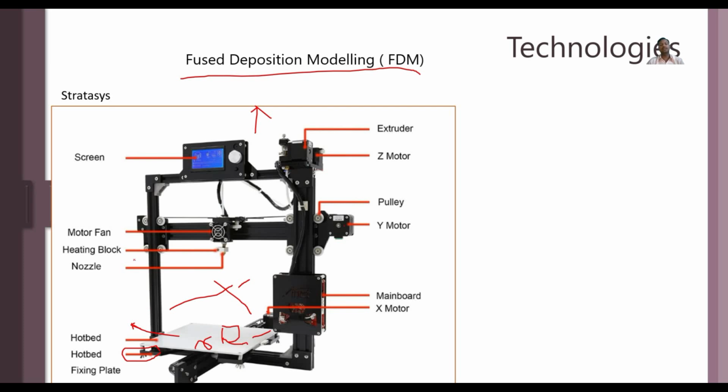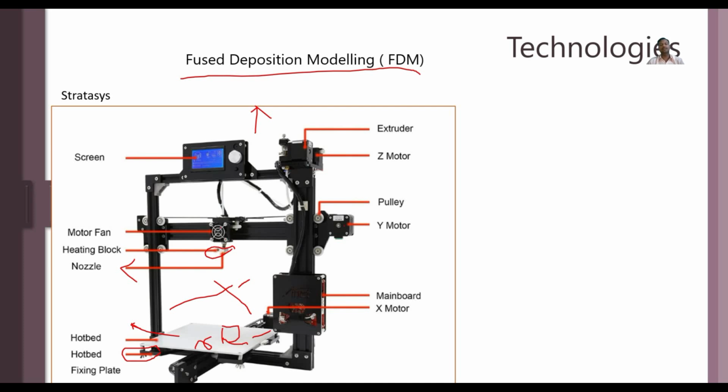The next one is the nozzle. The nozzle will allow the 3D printer to give the particular directions which are required for printing. Then the heating block allows the materials to melt at approximately 220 degrees centigrade.